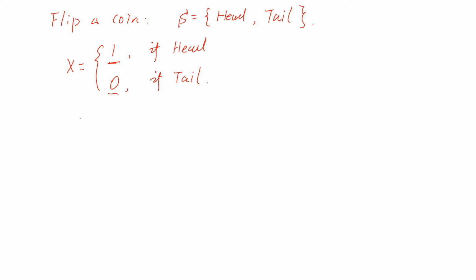So it is a random variable. The value of X depends on the outcome of this random experiment. If we got a head, then X equals 1. If we got a tail, then the value of X is 0. In that sense, it is a random variable.